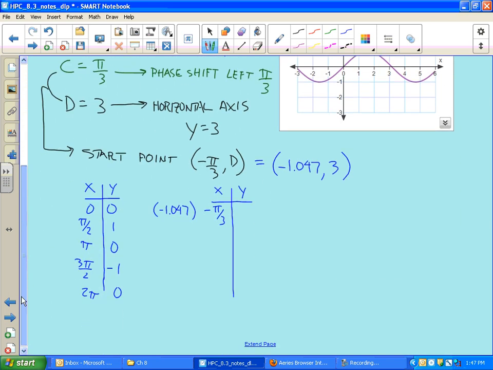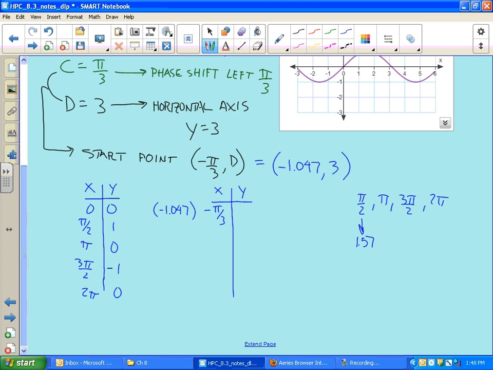So we take 2 pi and cut it into quarters. That means we're going pi over 2, and pi, and 3 pi over 2, and then finally back to 2 pi. So we're going to add that to negative pi over 3. We're going to add a pi over 2 every time to my value until I get all the way down to the end. And again, thinking about it, probably maybe thinking about it decimal-wise. Remember that a pi over 2 is a 1.57.